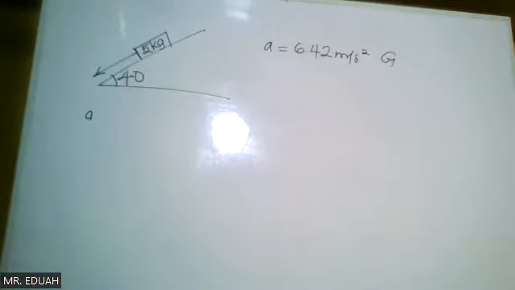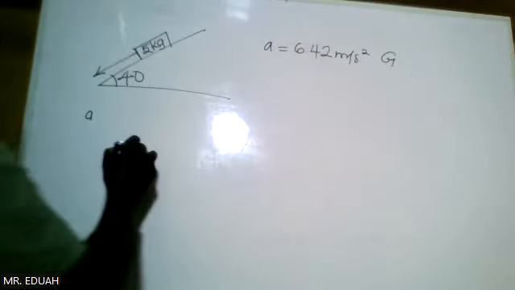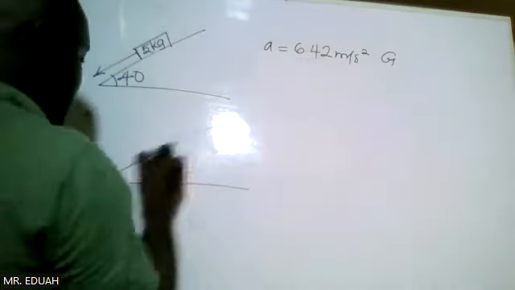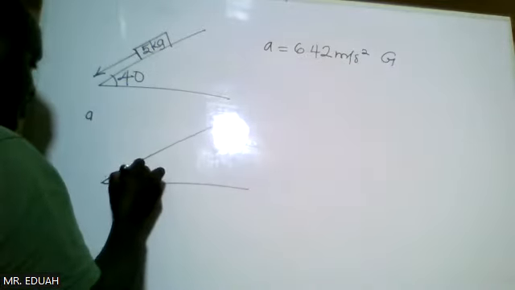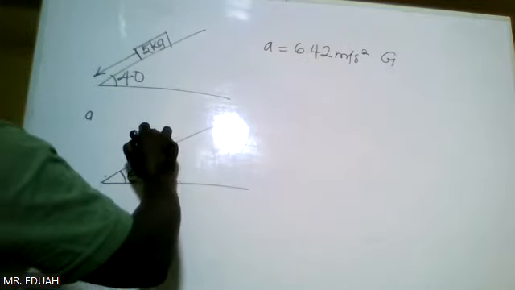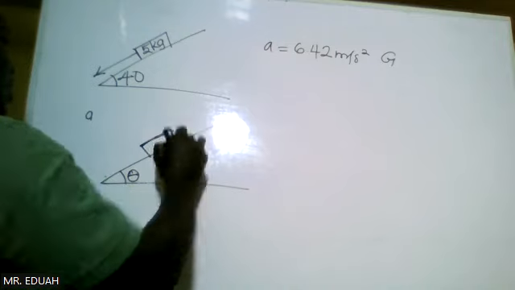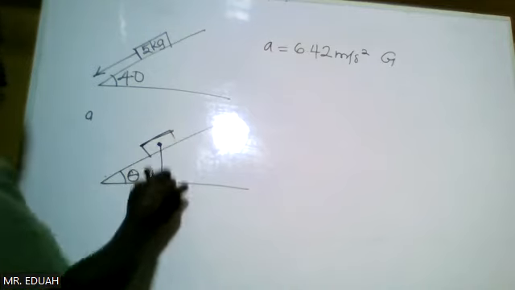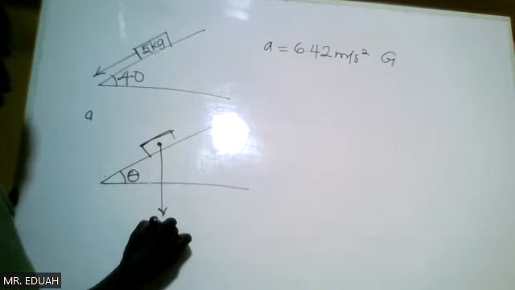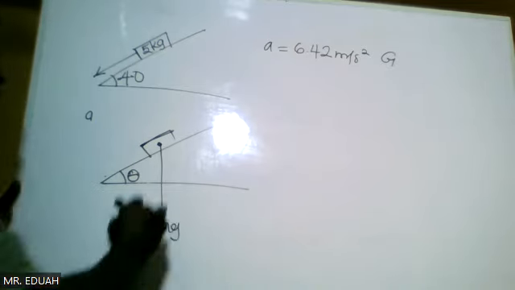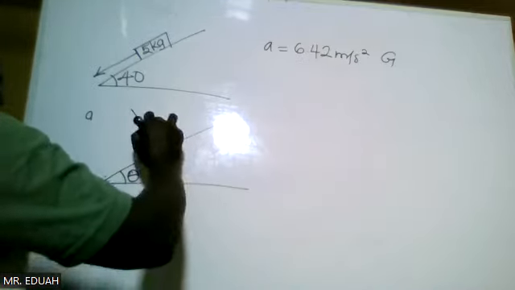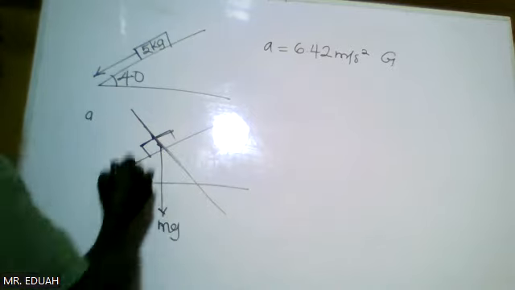So let's see. The concept of an inclined plane is like this. On an inclined plane, this is the weight of a body, mg. The reaction force is always perpendicular to the surface on which the body lies.